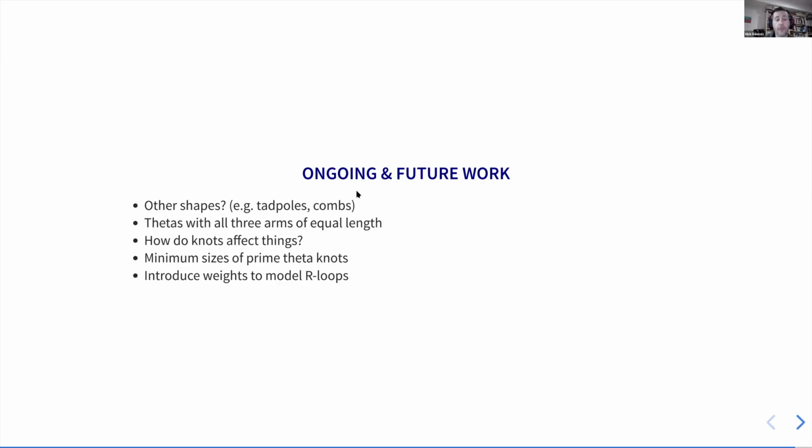You can also do thetas with all three arms forced to be of equal length. And then now we do have some predictions about what that exponent should be, at least in 2 dimensions, because that goes back to some work by Bertrand Duplantier, who has some predictions about if I have two vertices of fixed degree and a number of arms joining the two, and all the arms are of equal length, so I think the word for that is monodisperse, then he does have predictions about what those exponents are.